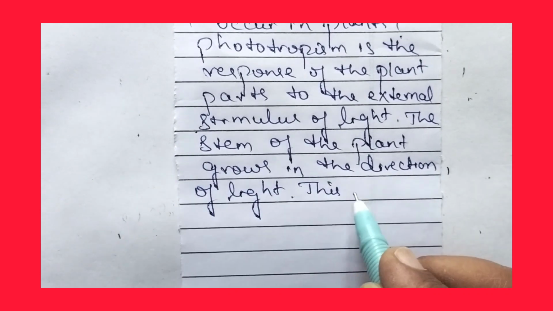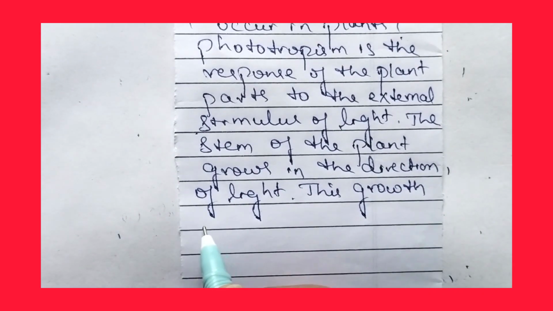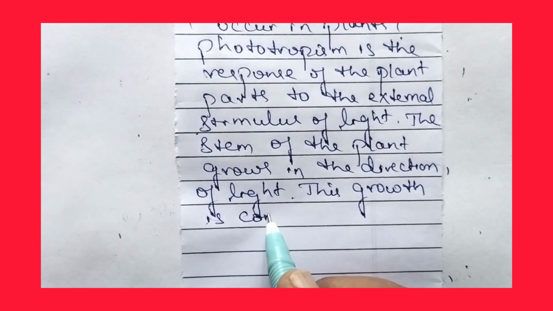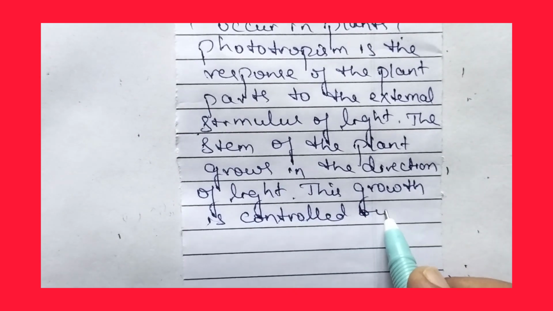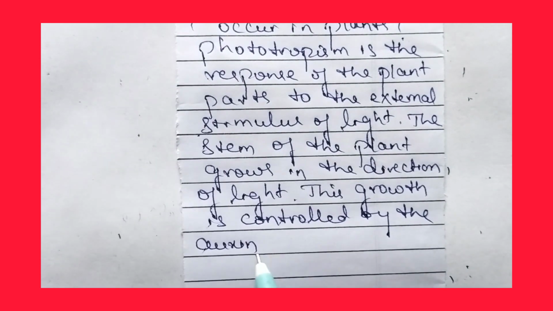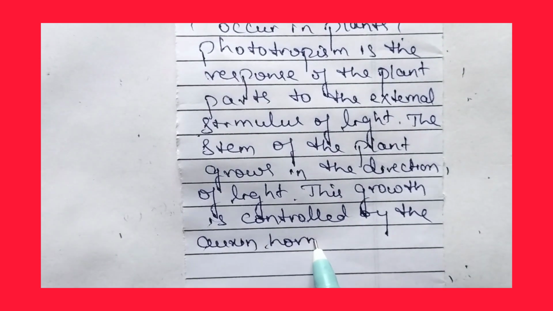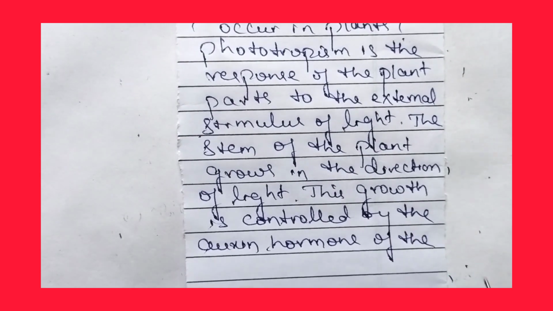This growth is controlled by the auxin hormone of the plant.